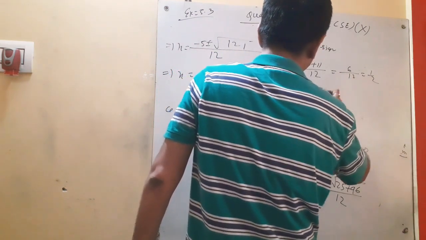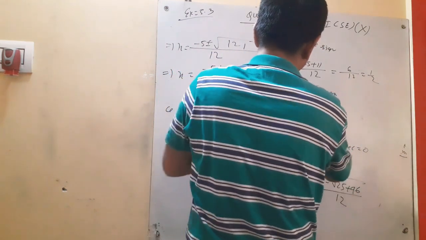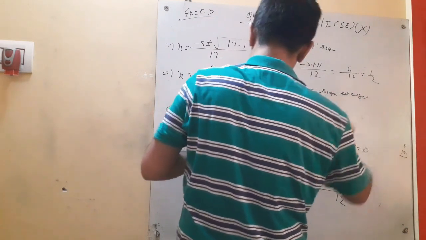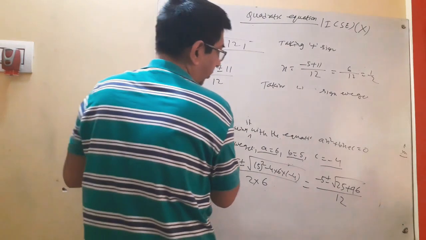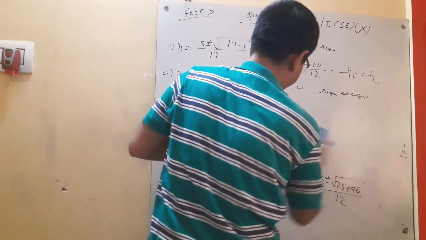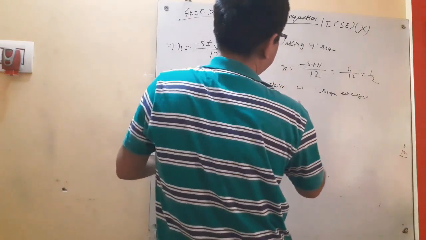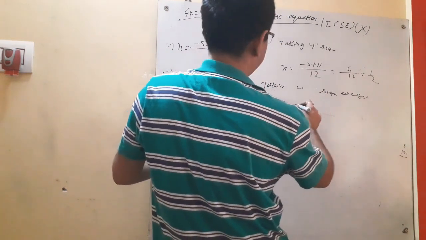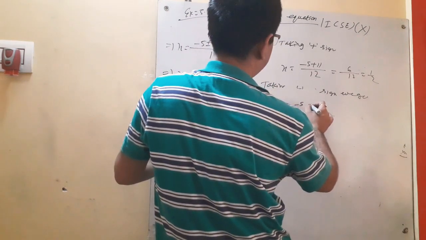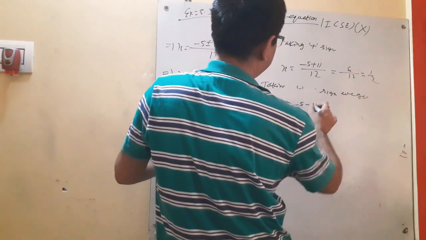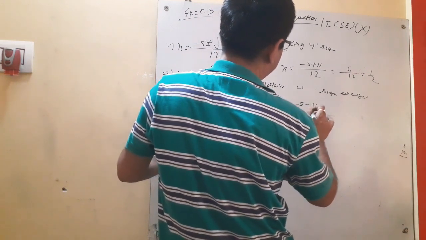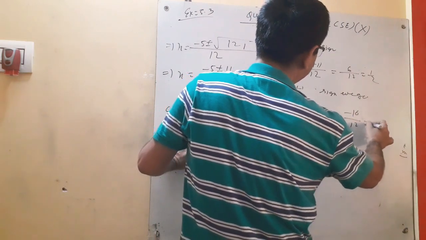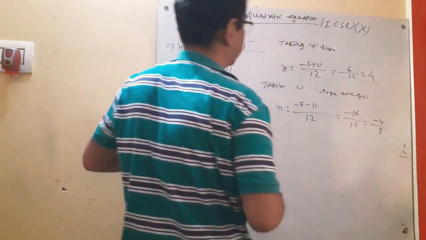negative sign or minus sign, whatever we get: x equal to minus 5 minus 11 by 12, that is minus 16 by 12, that is minus 4 by 3, right?